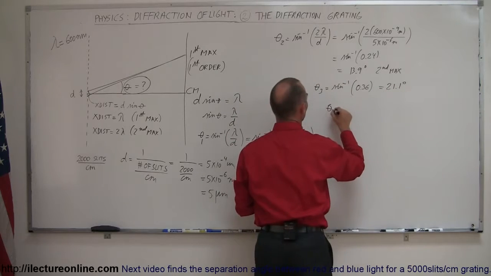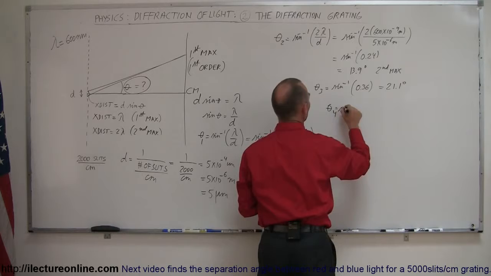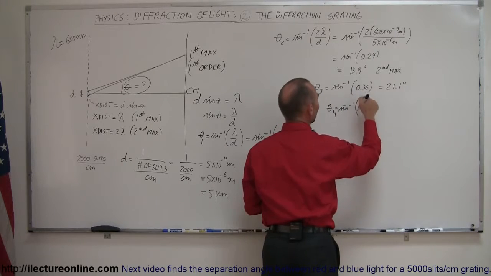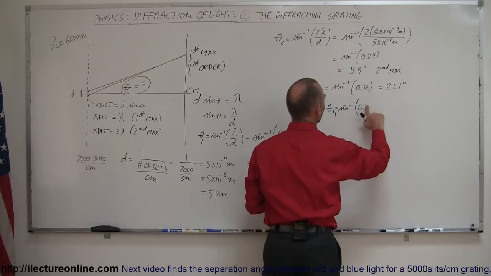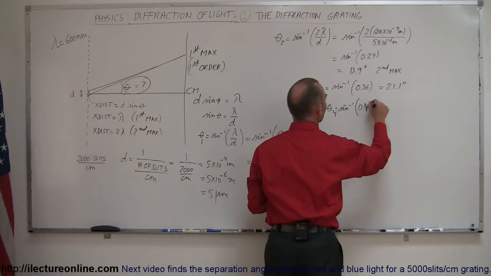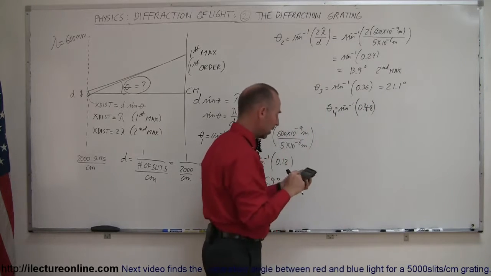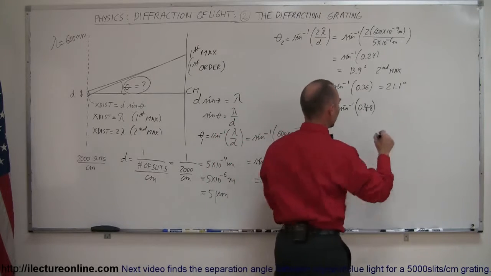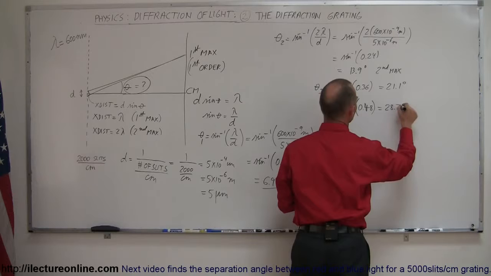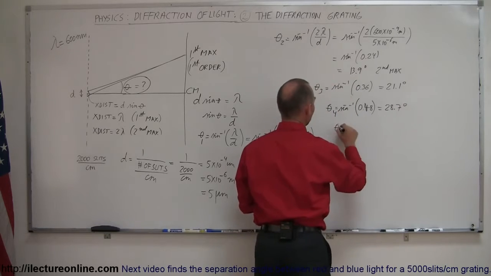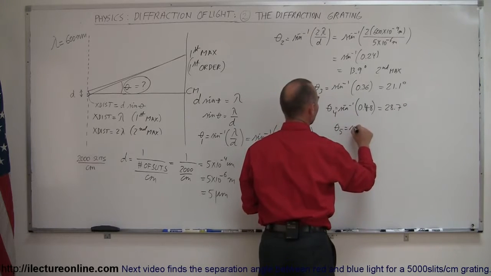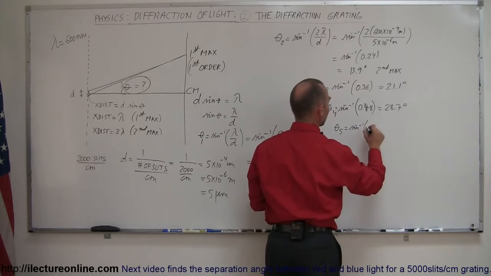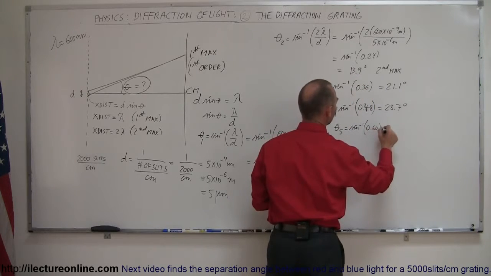Then theta sub 4 is equal to the arc sine of 4 lambda divided by d, which will be the arc sine of 0.48. Take the arc sine of that, that would be 28.7 degrees. And then the fifth one is equal to the arc sine of 5 lambda divided by d, which is 0.60.